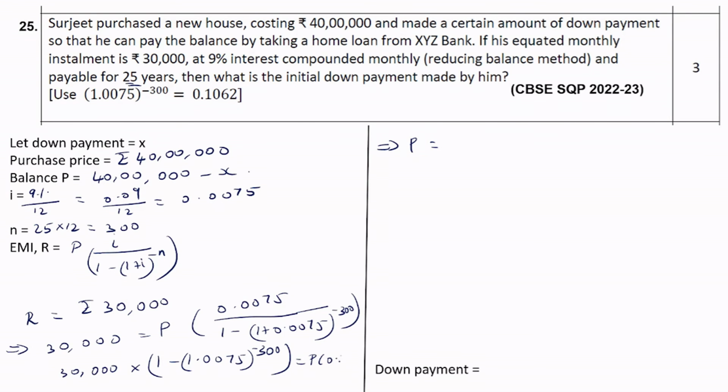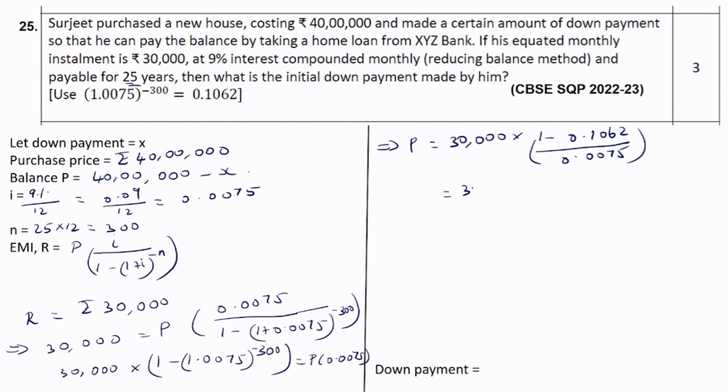This is equal to P into 0.0075. So from this we have P is equal to 30,000 into 1 minus 1.0075 whole raised to minus 300, which is 0.1062, divided by 0.0075.